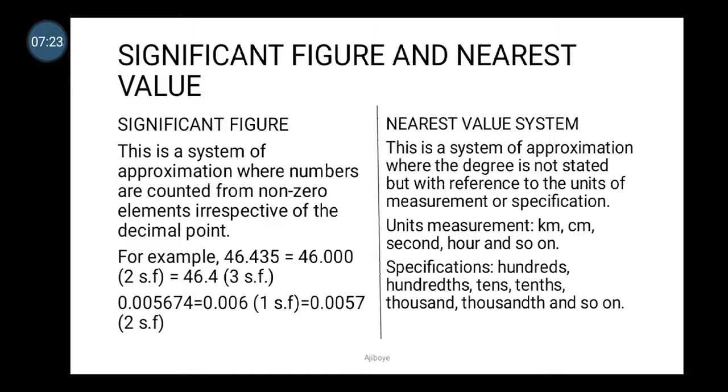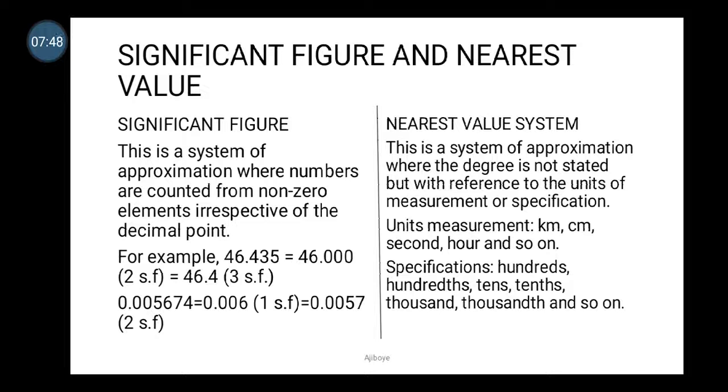Significant figure is a system of approximation where numbers are counted from non-zero elements irrespective of the decimal point. For example, 46.435 is equal to 46.000. In this case, what we are counting is figures.